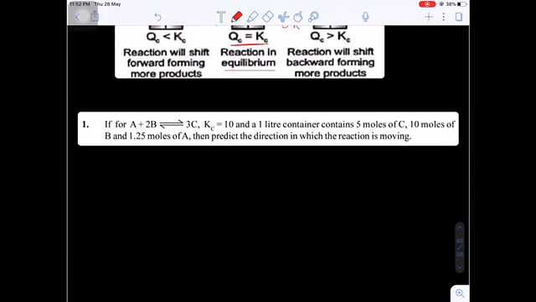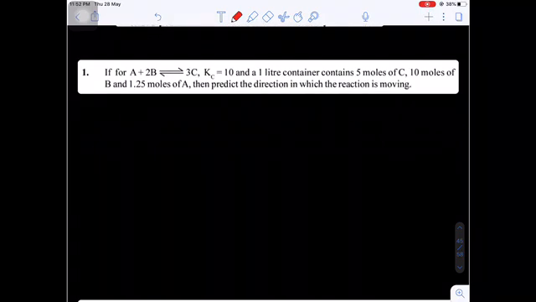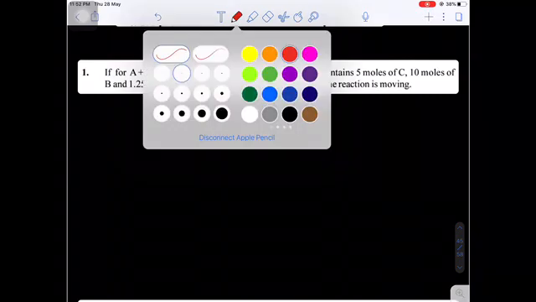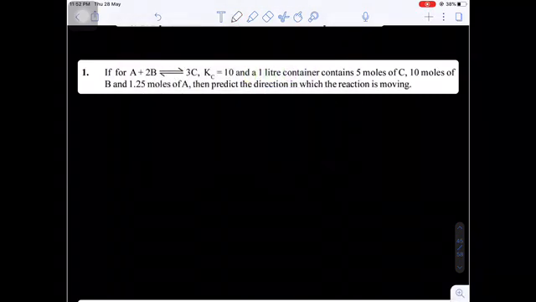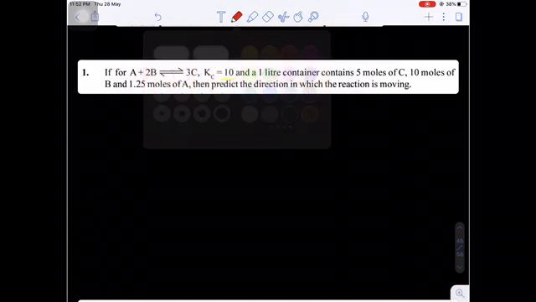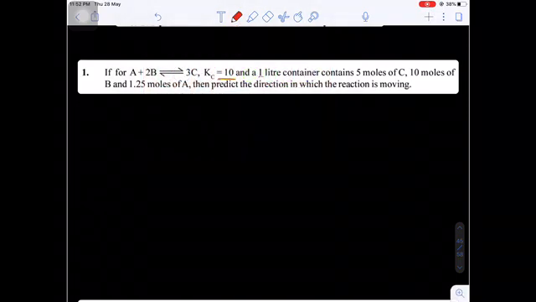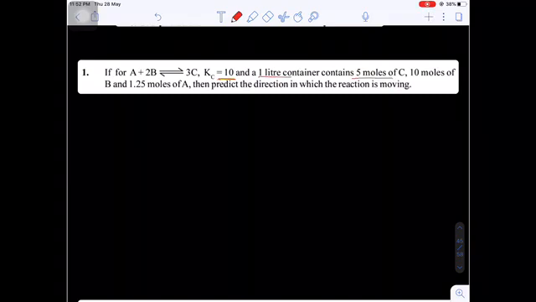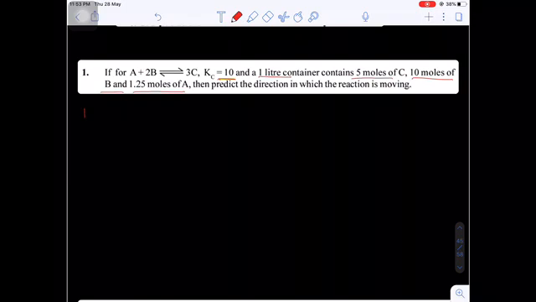Okay, now come to some problems regarding the direction of the reaction. The first problem given to you: A plus 2B in equilibrium with 3C. The Kc value given to you is 10. In a 1 liter container, there are 5 moles of C, 10 moles of B and 1.25 moles of A. Predict the direction in which the reaction is moving.